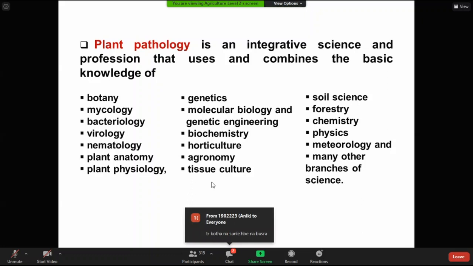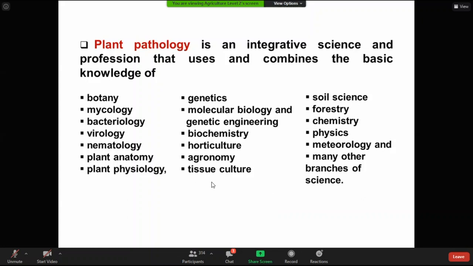And you should have a very good idea of fungi, the study of fungi called mycology, and a clear understanding of bacteria, that means bacteriology, virus, virology, nematodes, nematology. Also, after infection, the pathogen can modulate or change the physiology of the plant, so you should understand plant physiology.